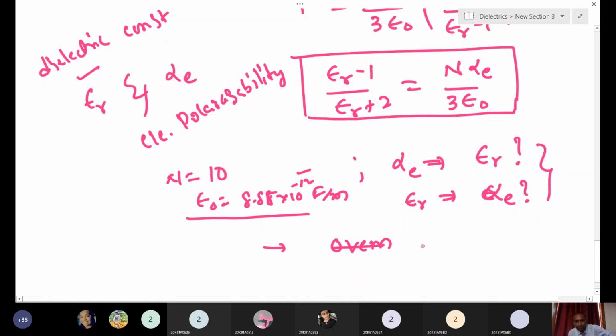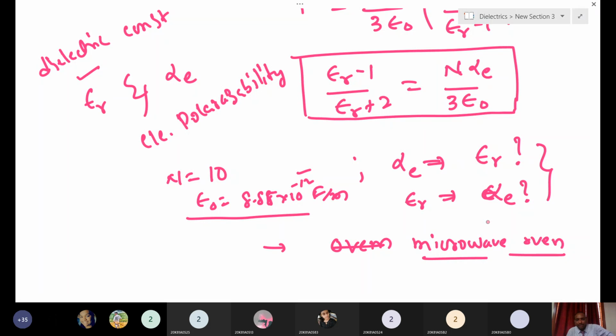In our homes, when you go to the canteen or somewhere like that, they immediately heat our item and give it to us. This also uses dielectric materials.